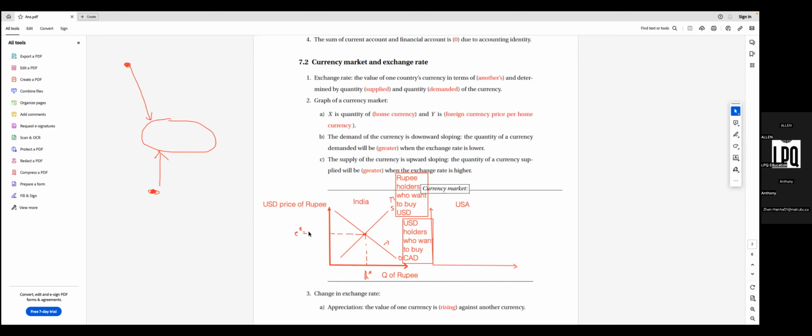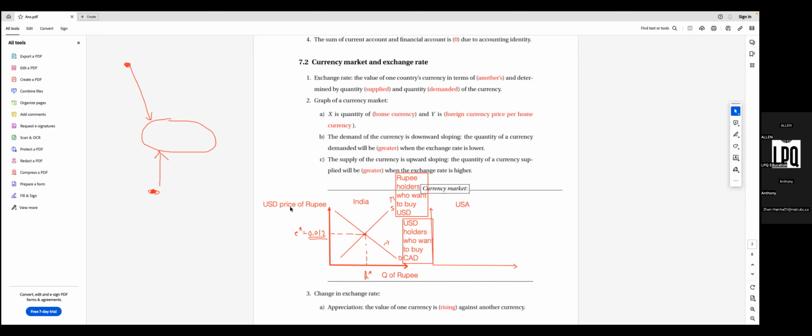I just checked: 0.012. Okay, guys, how do we interpret this number? The USD price of 1 unit of rupee equals this much USD.